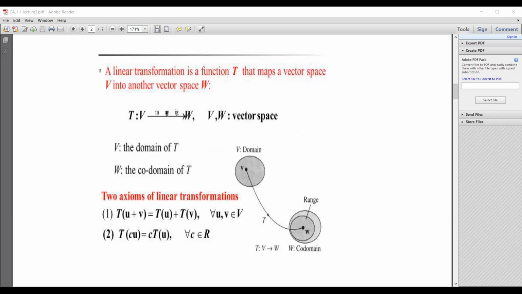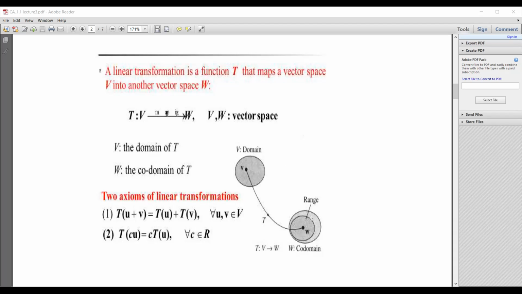In any case, this image set T(V) is known as the range of the linear transformation. As we can see here, this inner circle represents the range, and this outer circle, the whole vector space W, is the codomain.